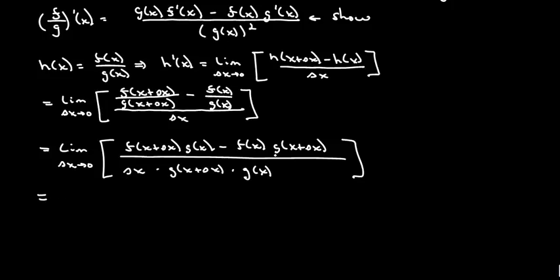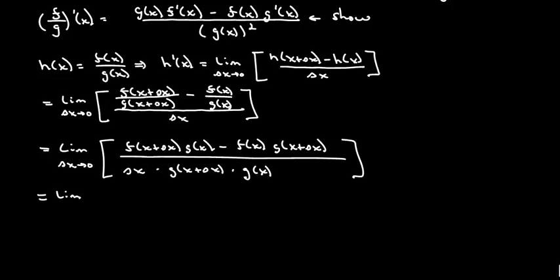Okay, so now I'm going to do another trick here. I need to have a g of x and an f of x in it so I can factor it out.